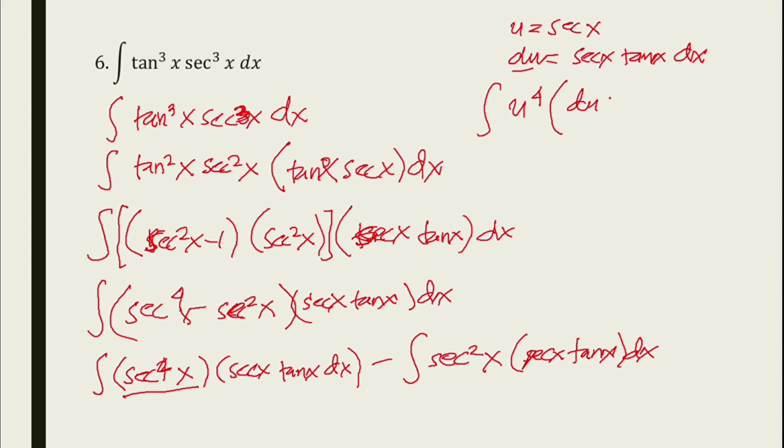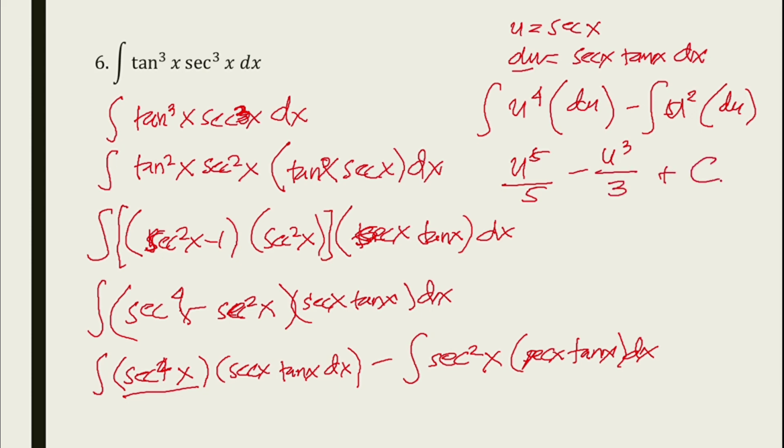So we have the integral of u raised to 4 du minus the integral of u squared du. If we integrate this, u raised to 5 over 5 minus u cubed over 3, plus c.